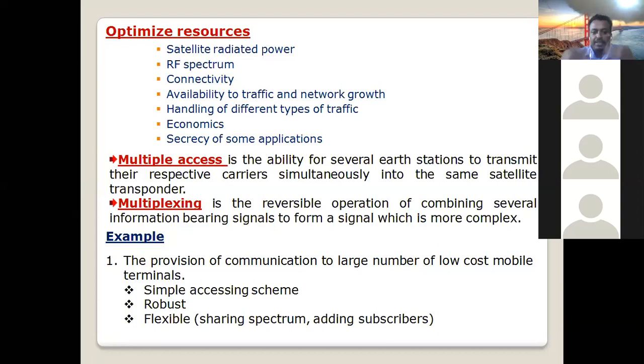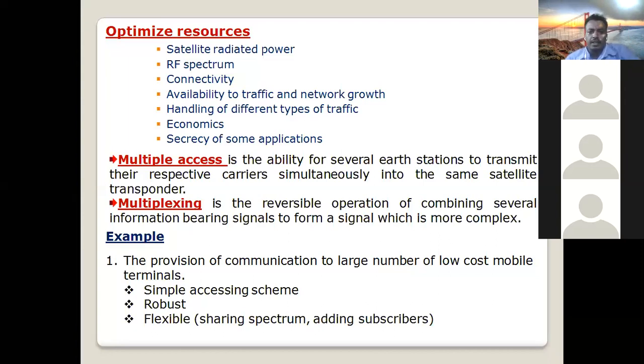But multiple access is different. Multiple access means sharing resources by multiple users, because these resources are limited. When we say resources, it depends on the type of communication system. When you come to satellite, our resource is the transponder in orbit, which has very limited bandwidth, one transponder 36 megahertz.